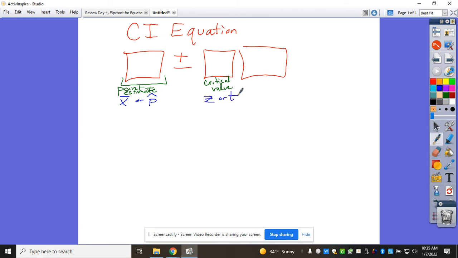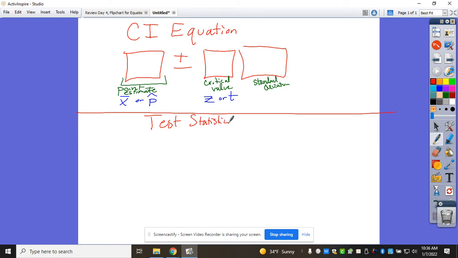And then this, worded terribly, is kind of an extent of the standard deviation portion. Usually standard deviation is actually in there. As opposed to when we are doing a test, our test statistic equation: what goes here?